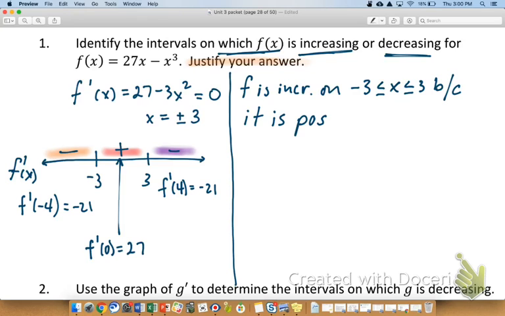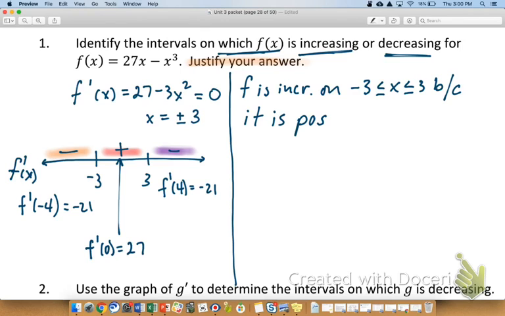What is so terrible about that? It is way too vague and ambiguous. I don't really totally understand what the word it means in this case. Are you referring to f? Are you referring to f prime or something else that I don't even know about? So we want to avoid the word it like the plague. And as a matter of fact, wouldn't you have to say that writing what I'm about to write is actually faster?